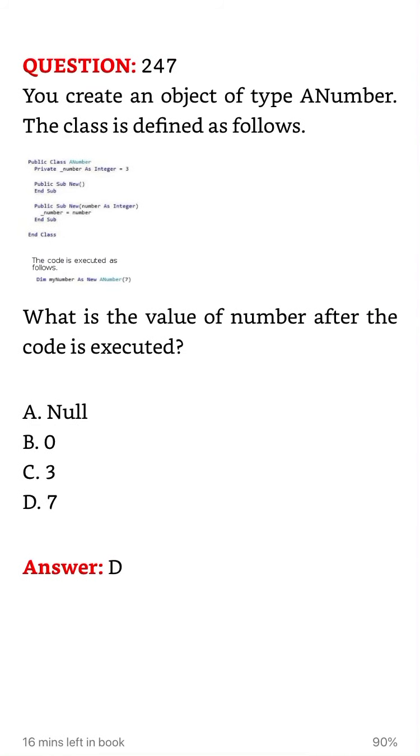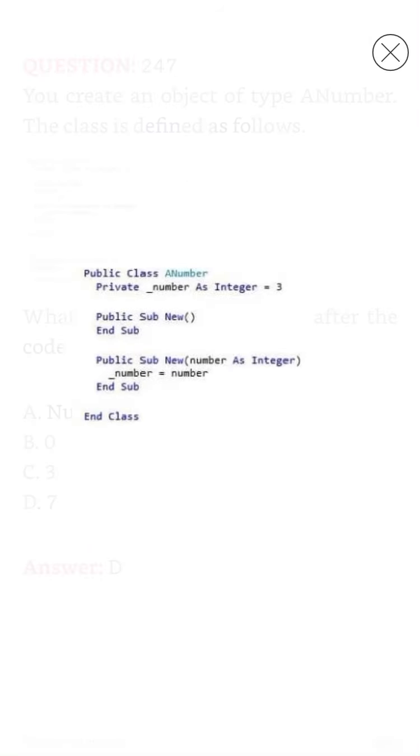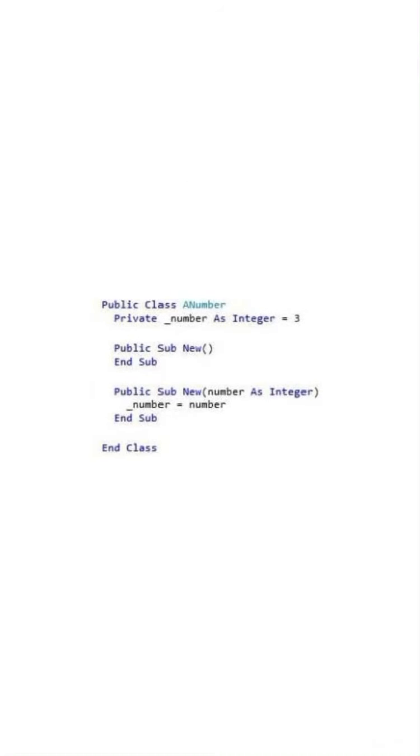Question 247. You create an object of type Number. The class is defined as follows. What is the value of the number after the code is executed? The answer is D, 7. Let's look at the code real quick. So we have a Number class, and it has a number integer that's first assigned to 3, and then a new doesn't do anything, and then the new with the number assigned is assigned to number.